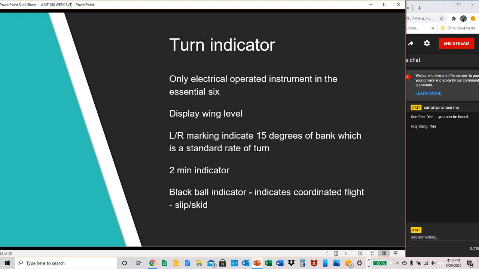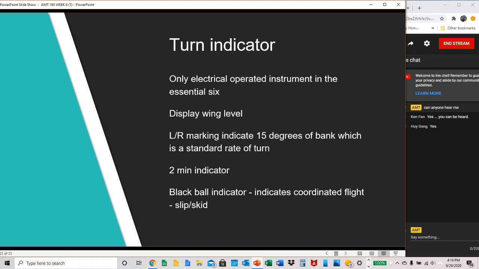Turn indicators display the wing level. There's a left and right hand marking that indicates 15 degrees of bank, which is a standard rate of turn. Your turn indicators also have a 2-minute indicator, so if you've been in a turn for more than 2 minutes, your instrument will have an indicator, and it will usually send you a loud tone saying that you've been in that turn for too long.